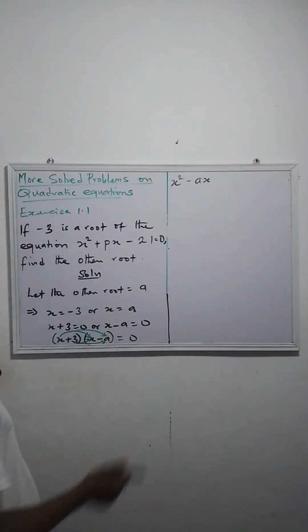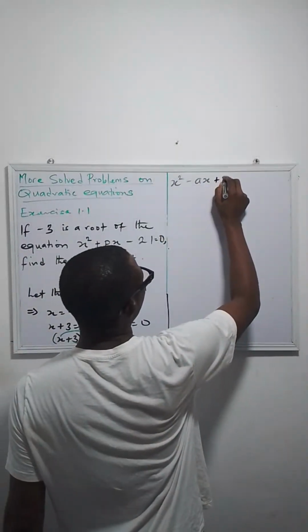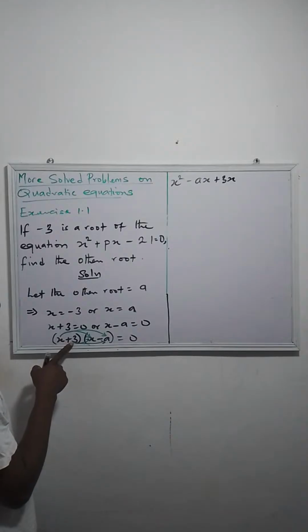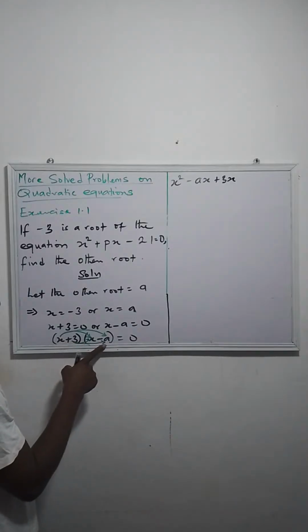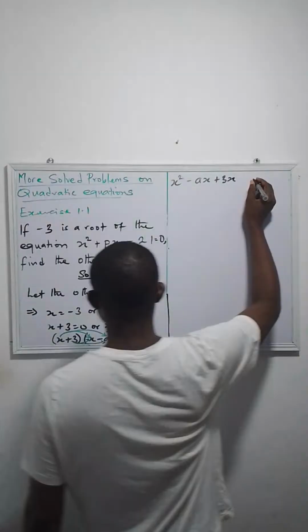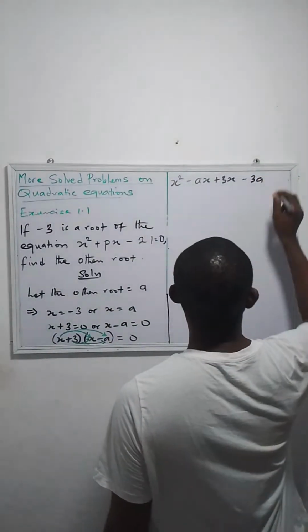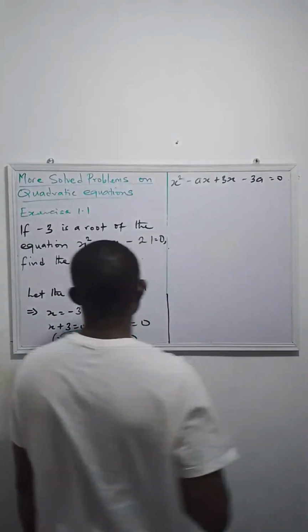So 3 times x is plus 3x. Now 3 times negative a is negative 3a. Okay, equals 0.